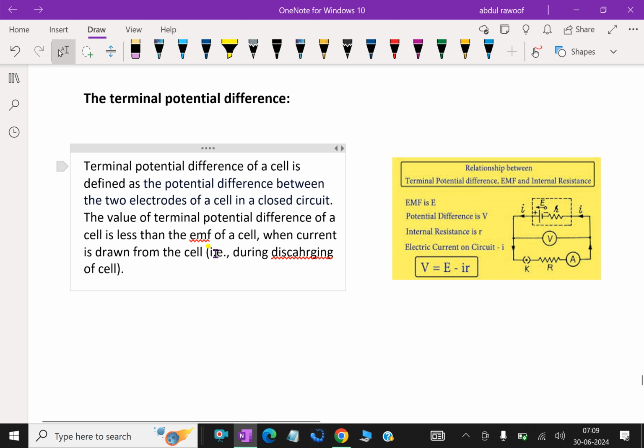That means the EMF must be more in the circuit than what is consumed, when a current is drawn from the cell during discharging. Look here: V equals E minus IR, where I is the current through the circuit and R is the internal resistance.